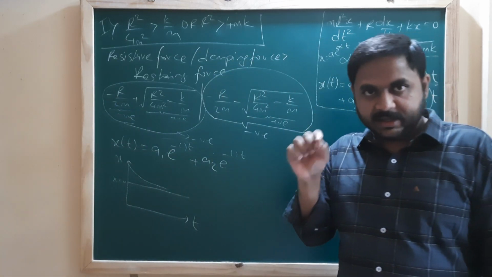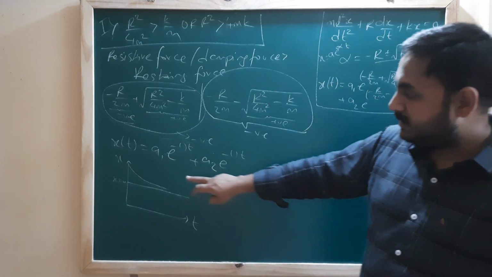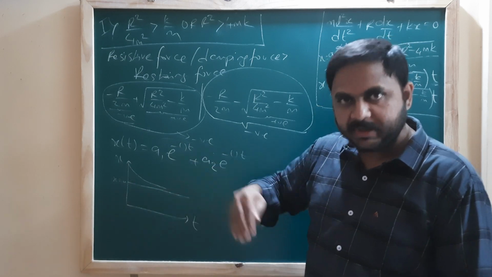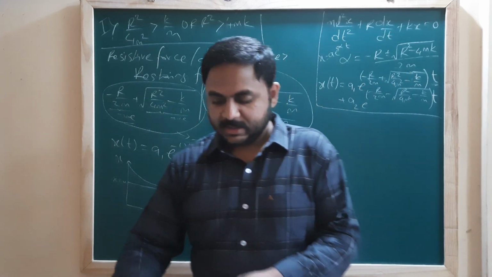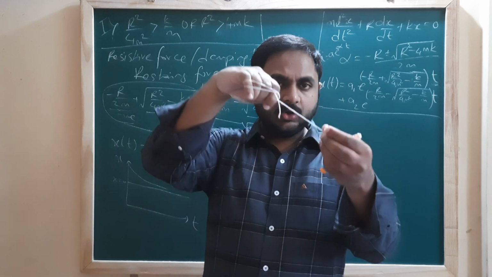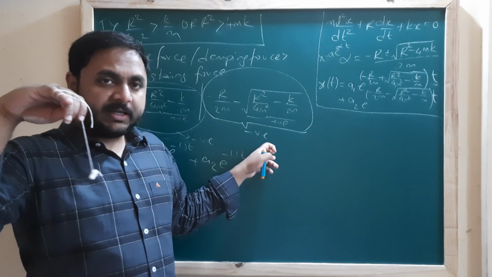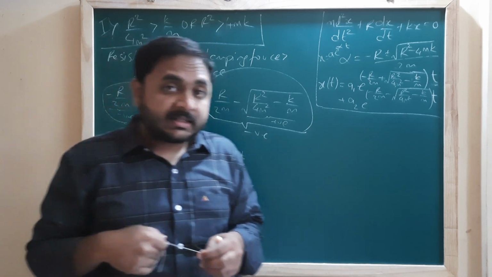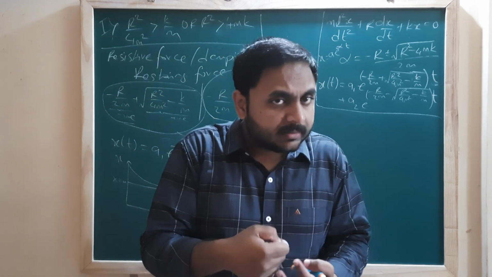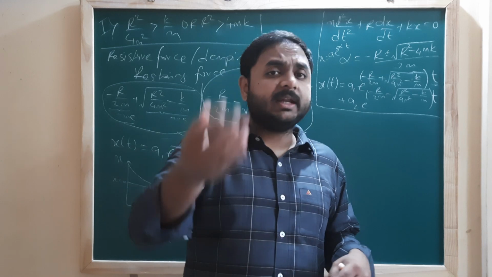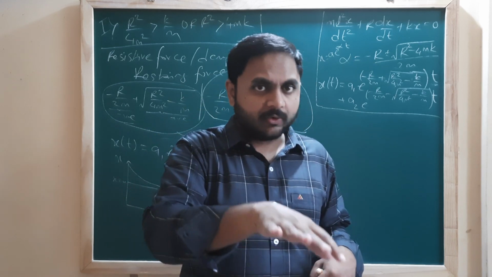What does this mean in real life or in physical terms? Once this particle is displaced from the mean position, that means you take this pendulum, you displace it from the mean position and you let it go. In this particular case, the resistive force is going to be so great, much greater in comparison to the restoring force.